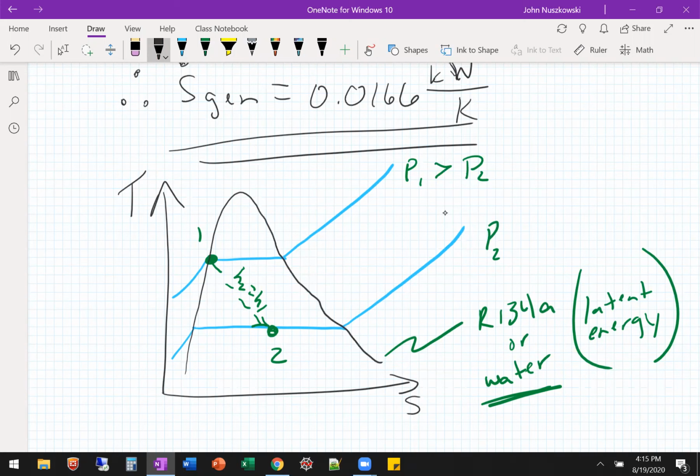Enthalpy is constant, so the other is changing. You couldn't have volume and enthalpy both be constant. If they're both constant, then you're still at state 1, because those are two independent intensive properties.